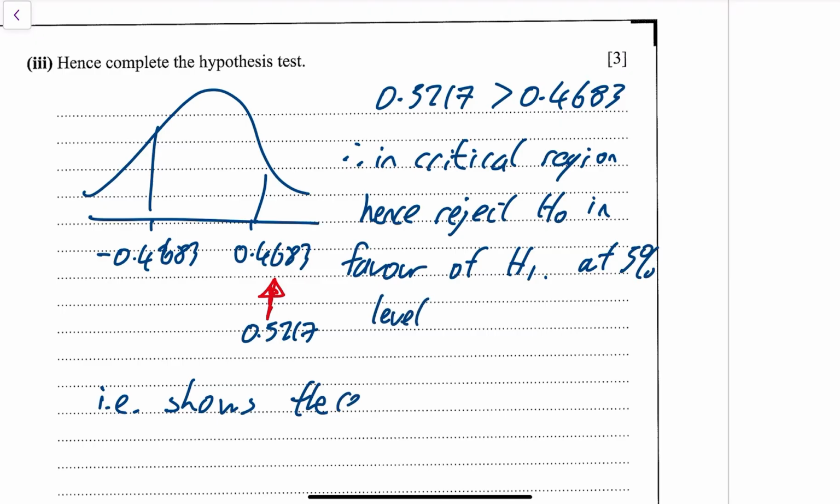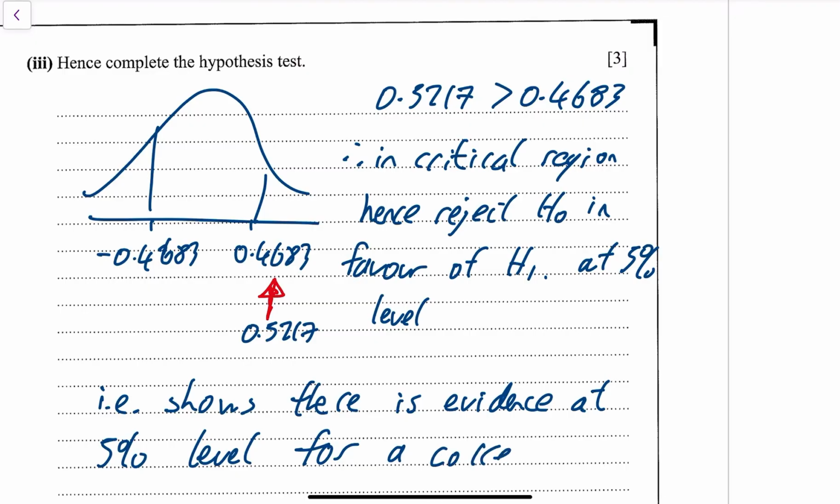It shows there is evidence at a 5% level for a correlation of some sort. Okay, it looks like it's a positive correlation, it's on the upper end. She would need to test that again, now making her hypothesis that H1 is rho is greater than 0.